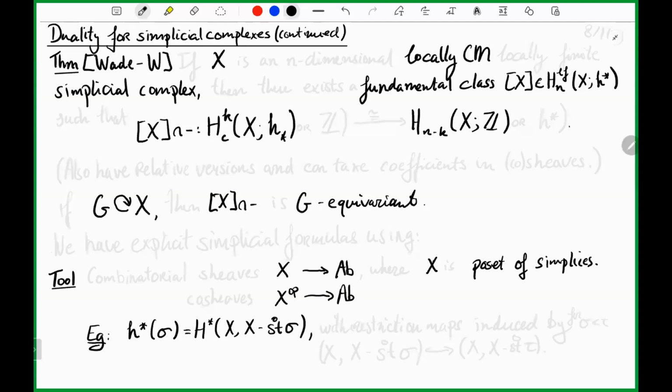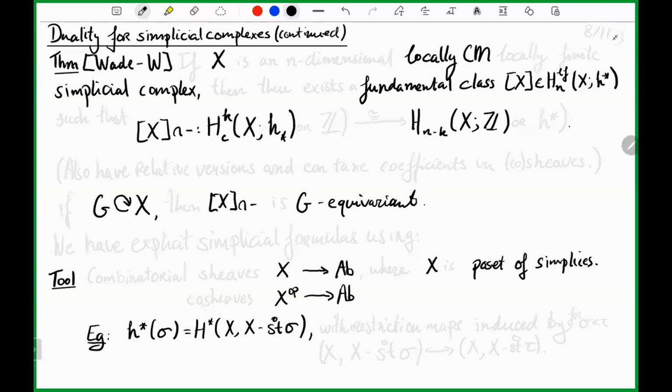Another way of looking at this result is that there's a very general duality for sheaves on manifolds called Verdier duality. Verdier duality tells you that there's always a kind of duality statement if you allow yourself to work with derived sheaves or sheaves of chain complexes, where the dualizing module is replaced by a complex of sheaves.